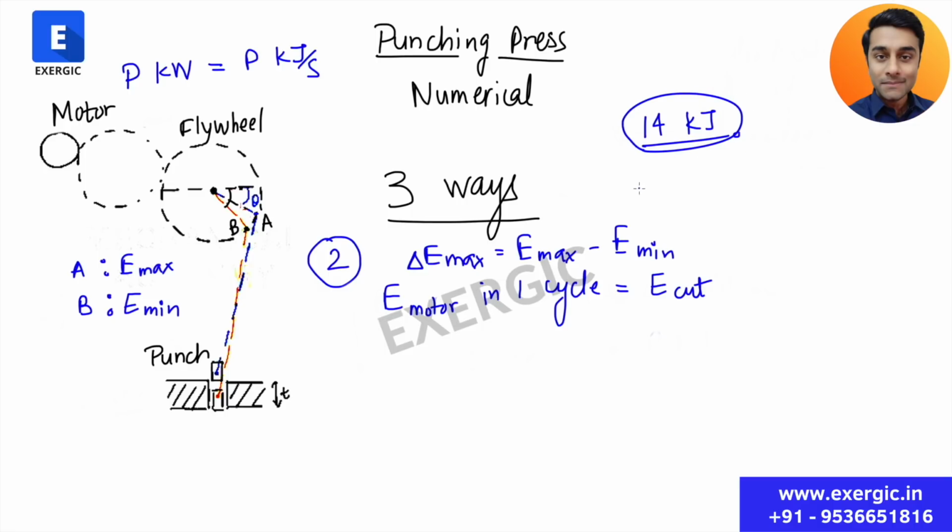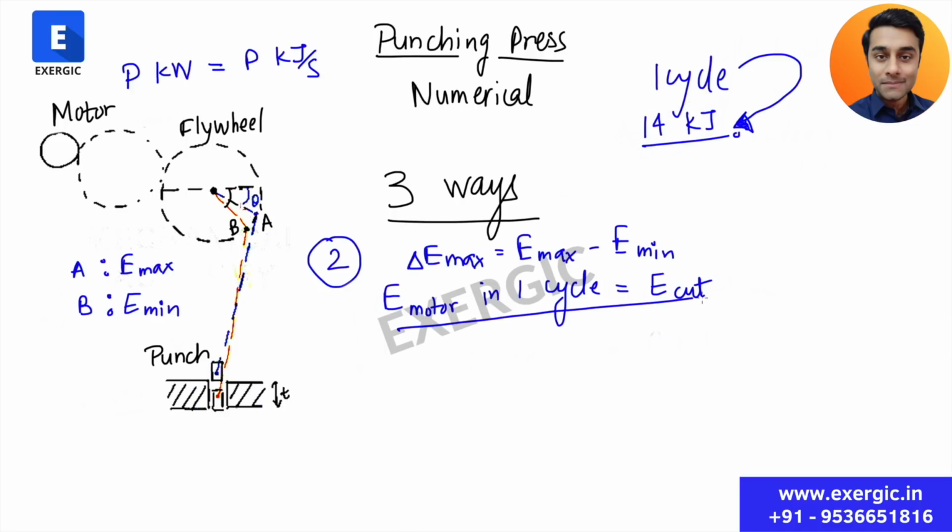Or in other words, I can definitely say that in one cycle, this much energy should be provided by the motor, because the motor is the only source of energy which is giving the energy for cutting, right? So if 14 kilojoule is required for cutting in one cycle, 14 kilojoule should be given by the motor to this place where cutting is happening.